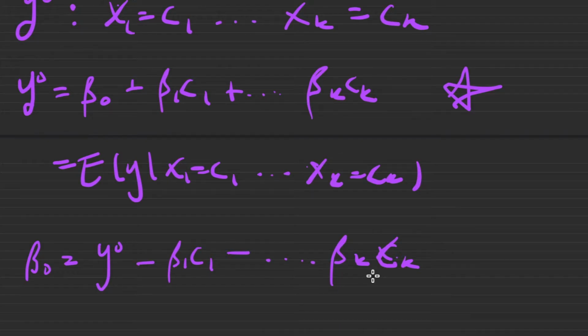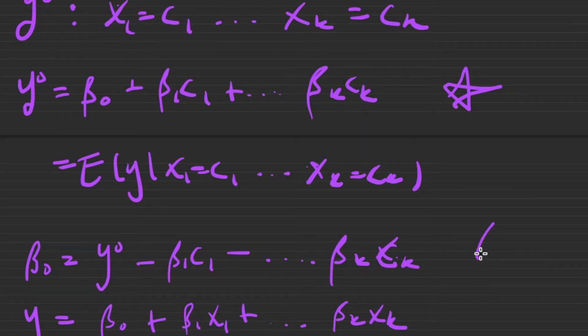Then we can take this and plug it into the regression equation, where the regression equation is y equals beta naught plus beta 1 x1 plus all the way through beta k xk.